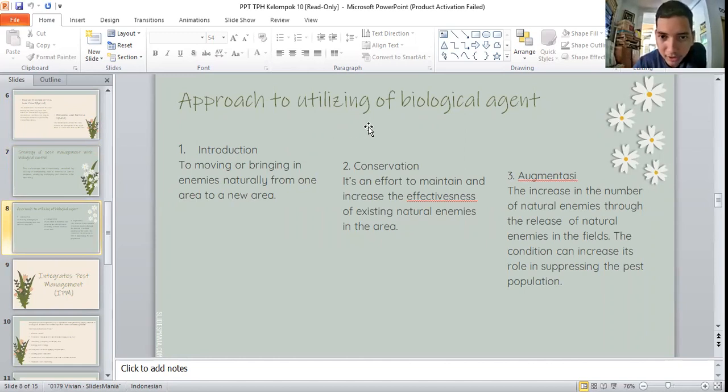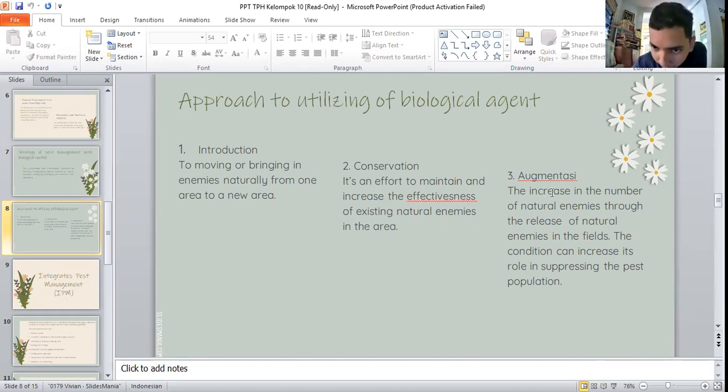Approach to utilizing biological agents. 1. Introduction, moving or bringing in natural enemies from one area to a new area. 2. Second, conservation is an effort to maintain and increase the effectiveness of existing natural enemies in the area.